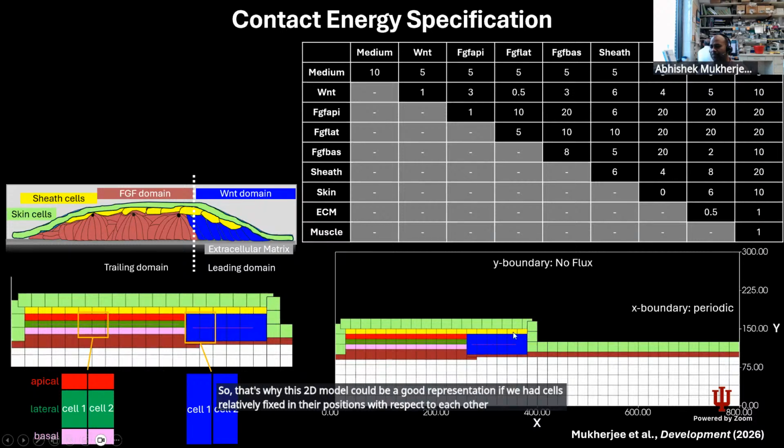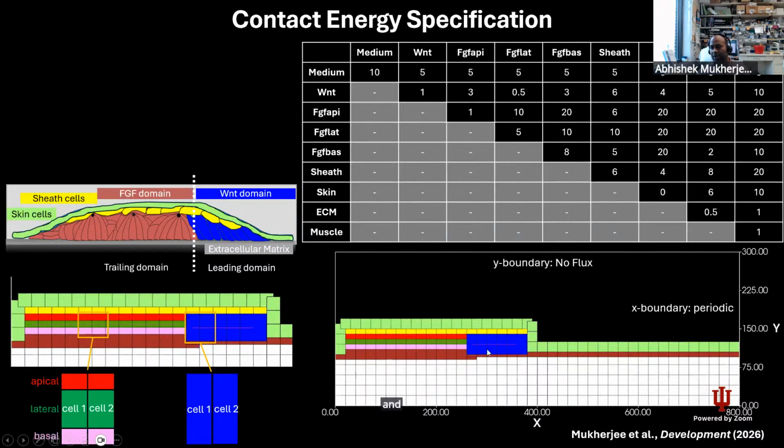And so we wanted the sheath cells, which had recently been discovered, to be sandwiched between the primordium lower layer and the skin. And we didn't want the primordium to break off from the skin and into, let's say, the medium.